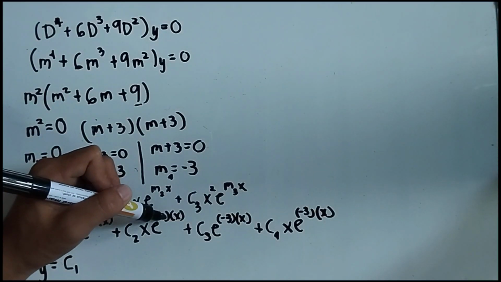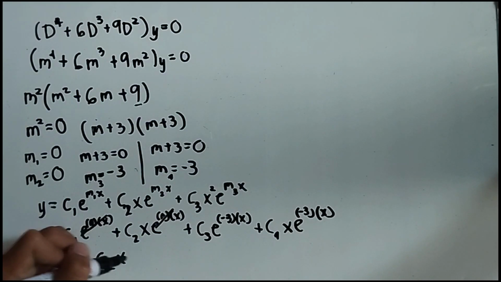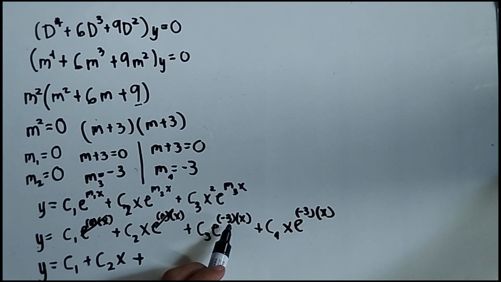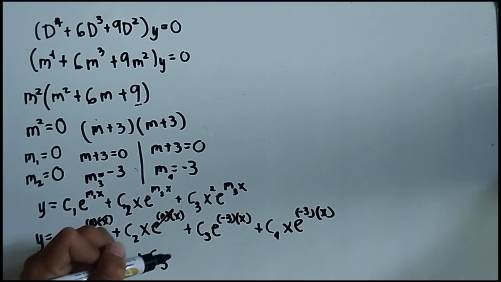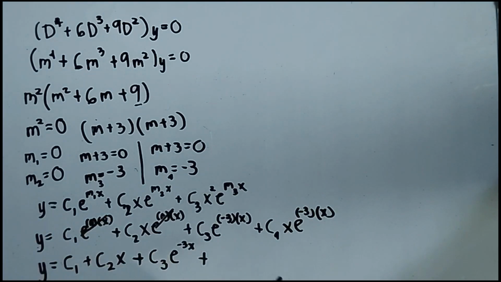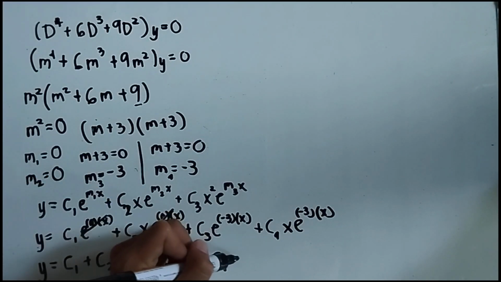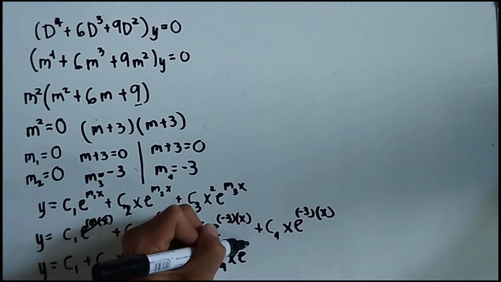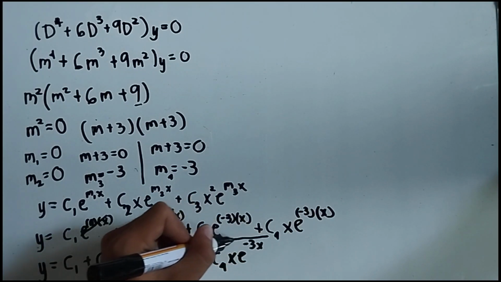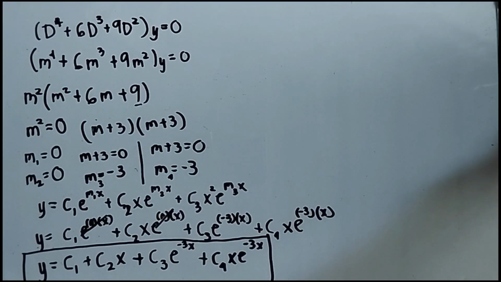And then here also we are left with 1, so this would be plus c sub 2 x, plus, since here we have negative 3 times x, c sub 3 e to the power of negative 3x, plus, it's just the same but we add x in the center here, so this would become c sub 4 x e to the power of negative 3x. So this would be our final solution for this auxiliary equation in repeated roots.